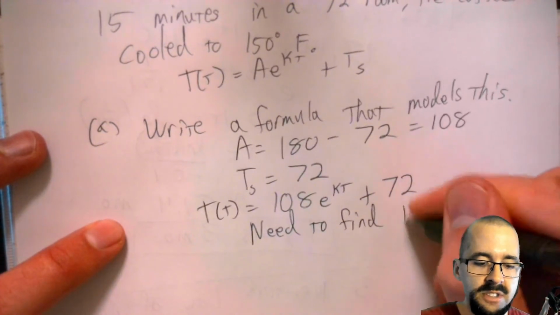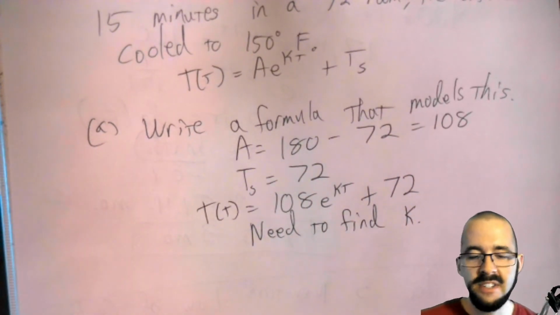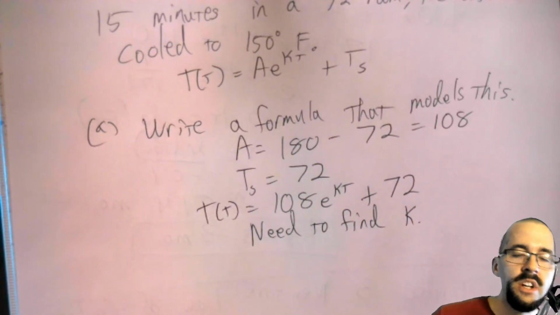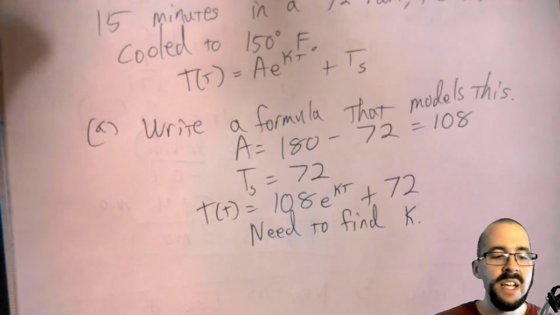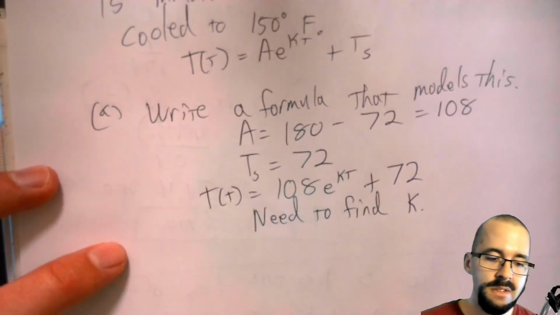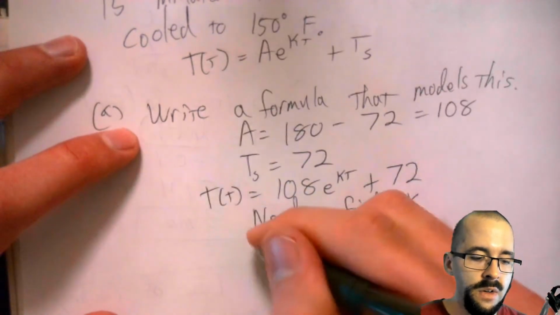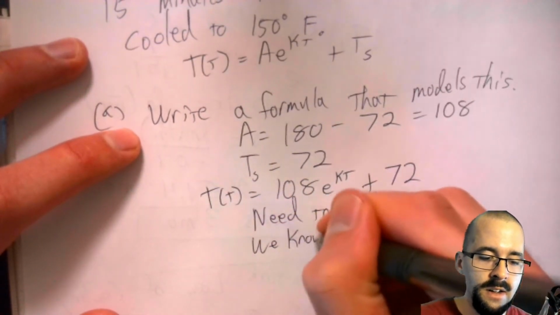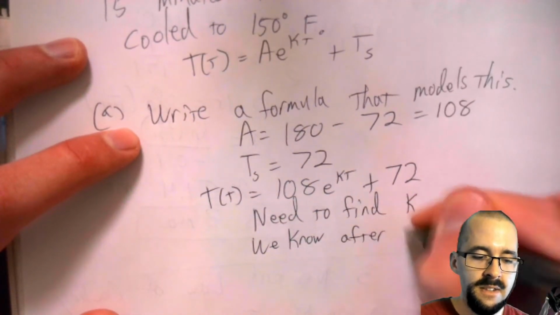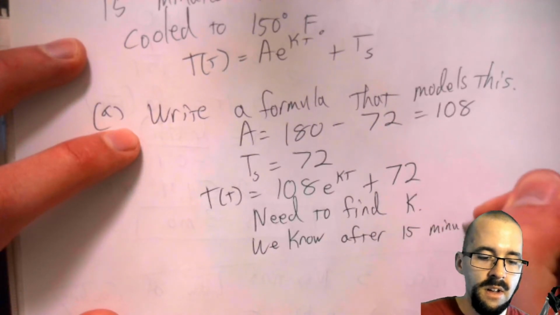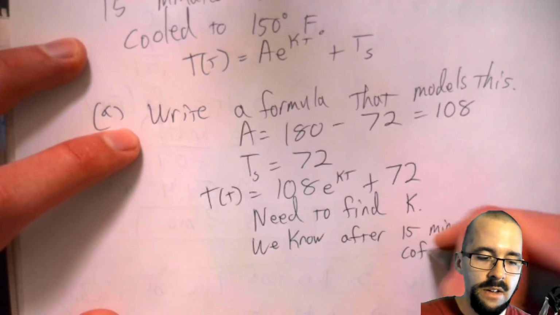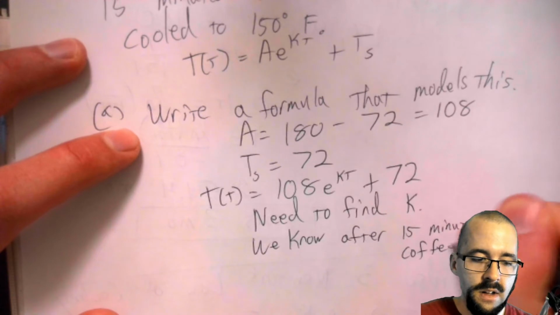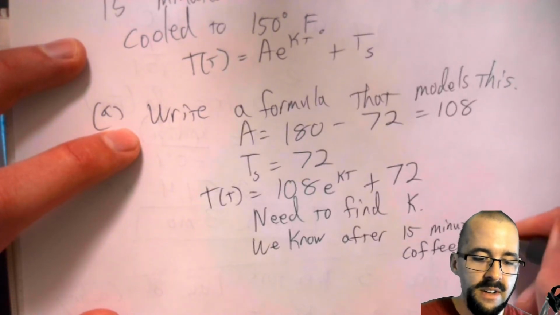And just like in the first video of this section with radioactive decay, we're going to use a point. We're going to use information to find what that k value is. So we know that after 15 minutes, the coffee was 150 degrees Fahrenheit.